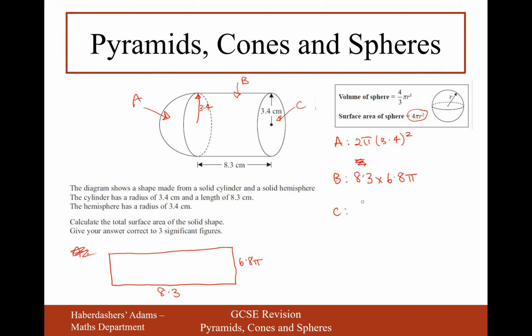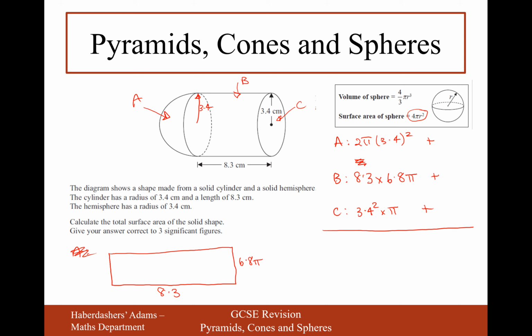And then the area of the circle on the side is 3.4 squared times pi. Now I'll type all of these calculations into the calculator in one go, adding them together. So it's 2 times pi times 3.4 squared, and then add 8.3 times 6.8 times pi.